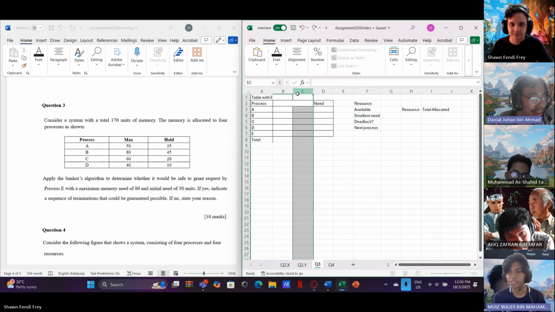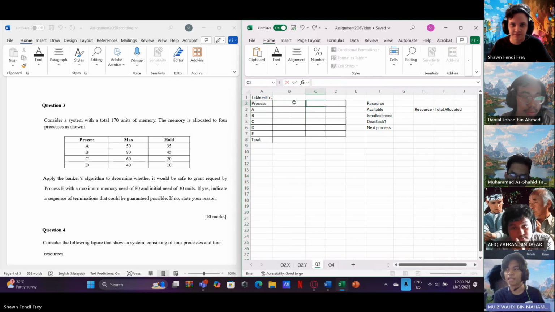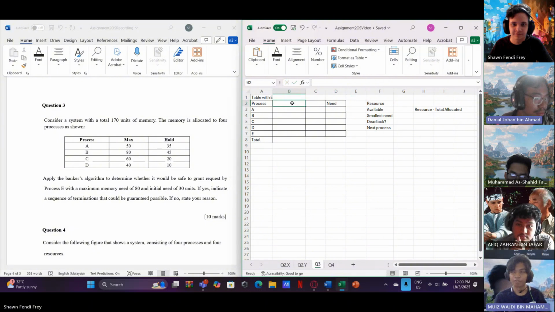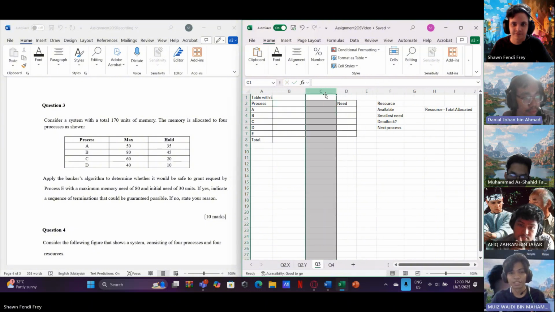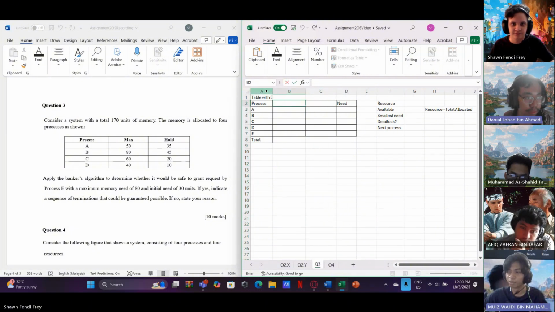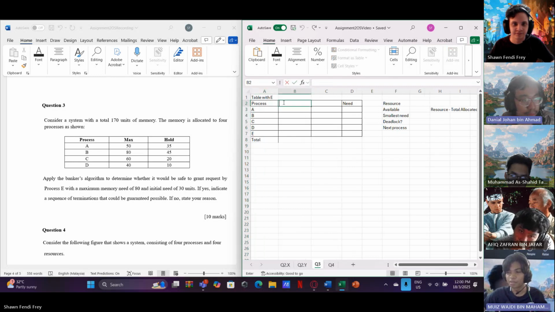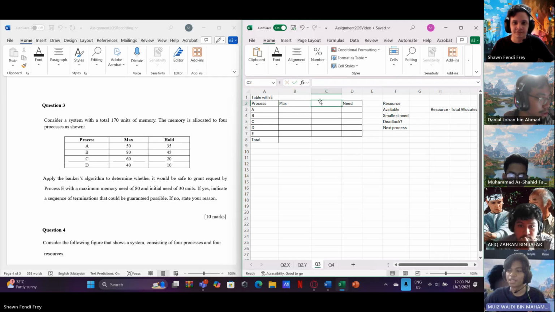To do this question, first we need to find the available, just like before. We find the available by subtracting our resource and the hold, which is given in the table above. The second step is to calculate the need by subtracting the max and the hold.